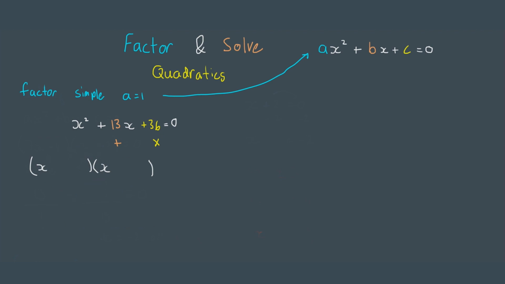So we're going to need two numbers that times to give 36 first of all. I like to start with the timesing first. 36 times 1 is the obvious pair, but you can't forget it. Then I like to increase the 1 to 2 and see what 2 times what equals 36. 2 times 18, then 3 times 12, then 4 times 9, 5 times doesn't work, then 6 times 6.